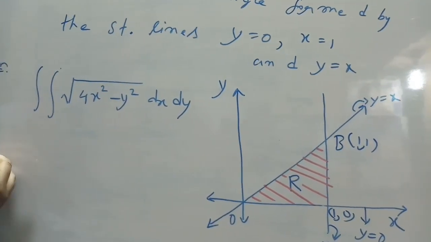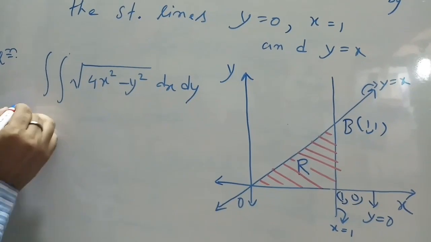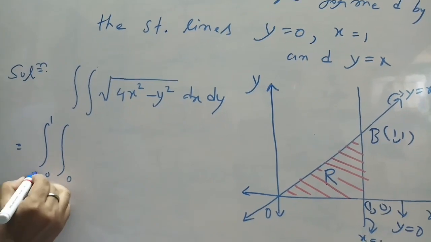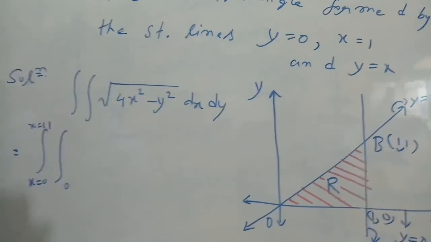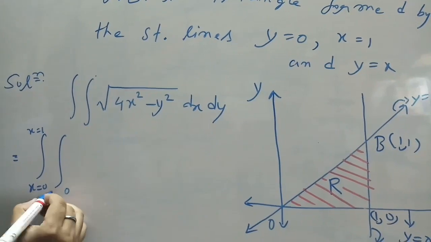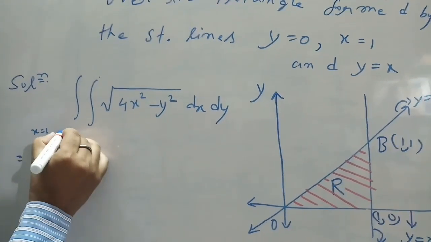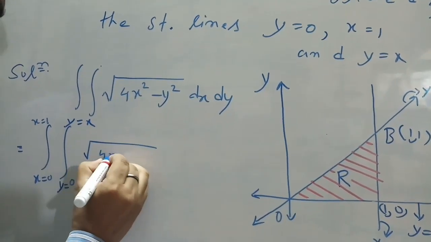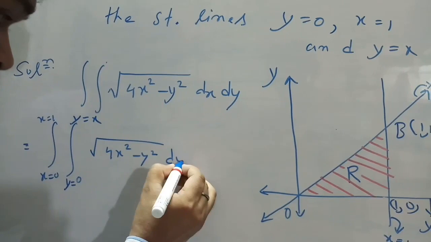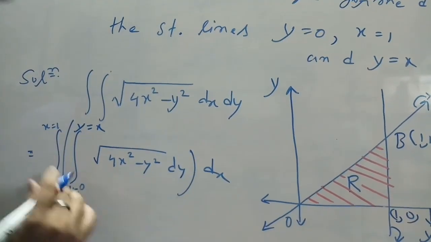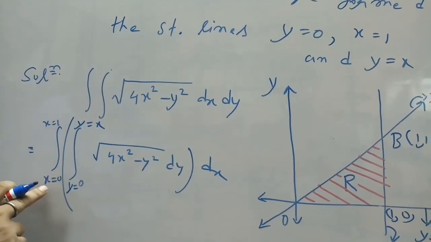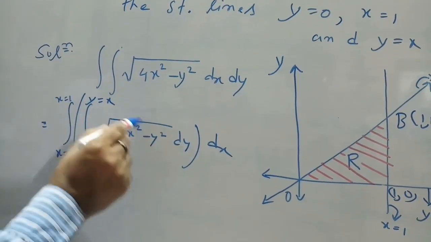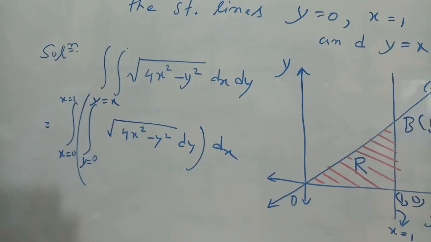So this double integral will be the integral from x equal to 0 to 1, which is constant, and y equal to 0 to y equal to x, of 4x square minus y square dy dx, because the last integral limits are constant, 0 to 1, and the inner limit is variable.